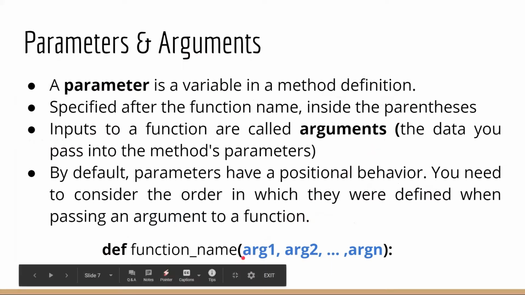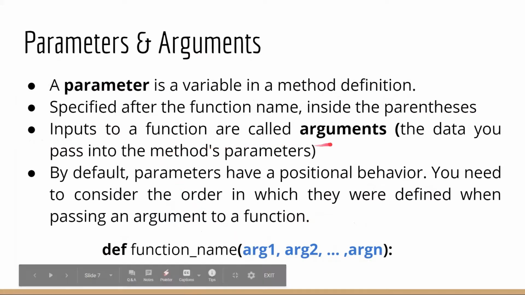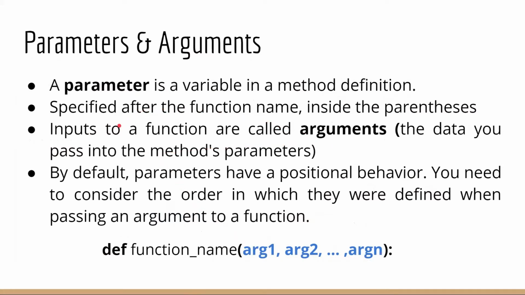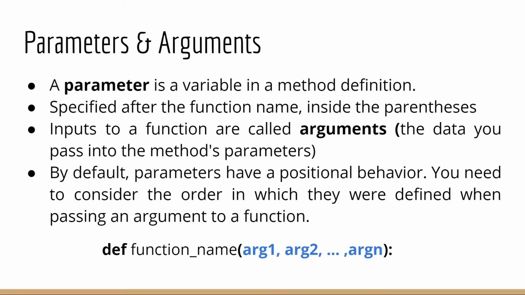So all these variables in here are parameters. They are specified after the function name inside the parentheses, okay? Now, an argument is an input to a function. So the values that we give to these parameters when we call the function are called arguments. Sometimes arguments and parameters are used interchangeably because they are considered to mean the same thing, but it's not a problem.